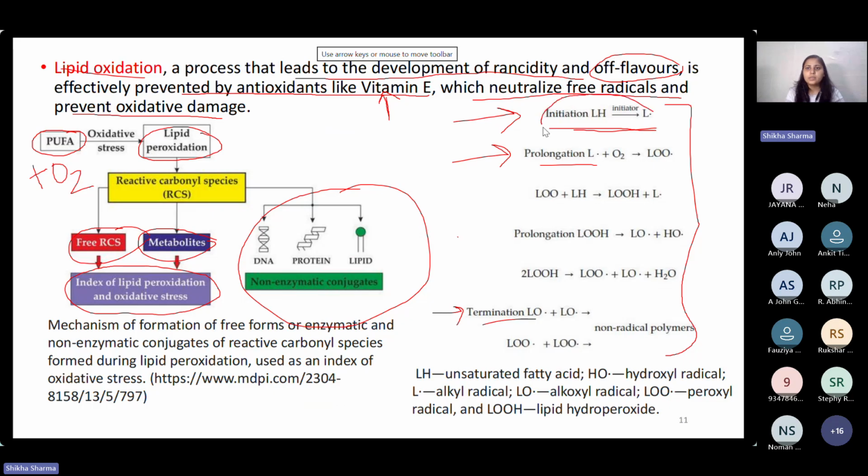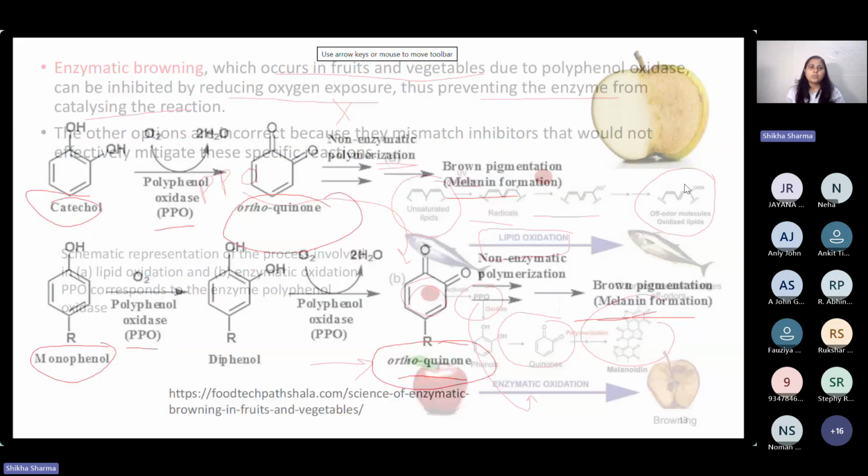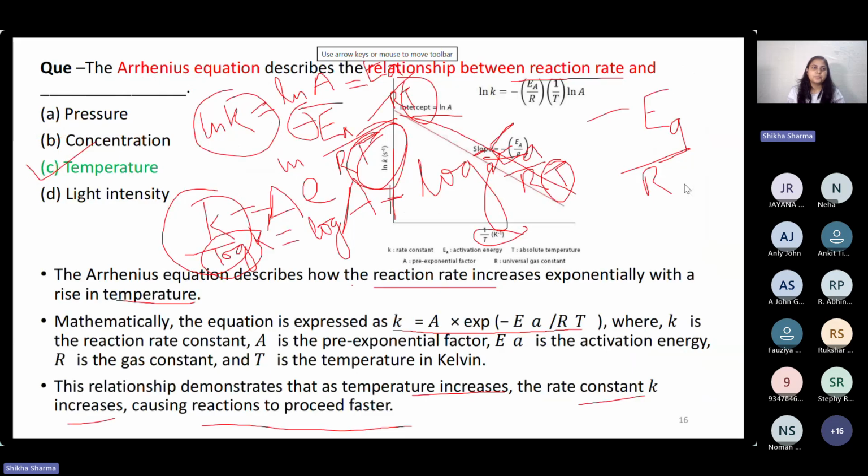A free radical is forming, then propagation is happening, and finally termination. So this is how lipid oxidation happens, right? Here, this is LOO dot, a free radical. So a peroxide radical is forming. This way lipid oxidation takes place, right?